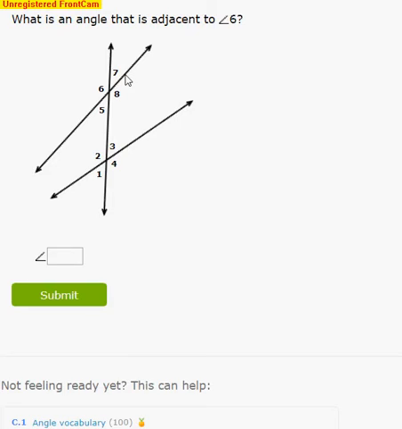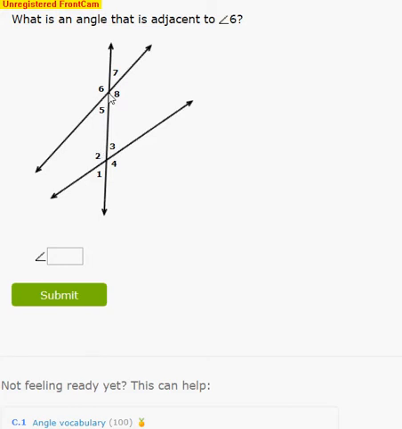Let's take a look at 7, for example. 7 is made up of this side and this side. So 7 is at the same vertex and also shares this same side with angle 6. So we say that angle 7 is adjacent to angle 6 because they share at least one side right here. Okay, now if we go to angle 5, we can see that angle 5 is made up of this side and this side.